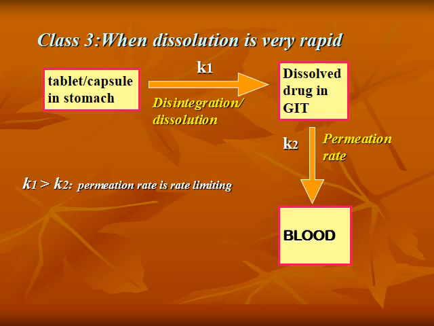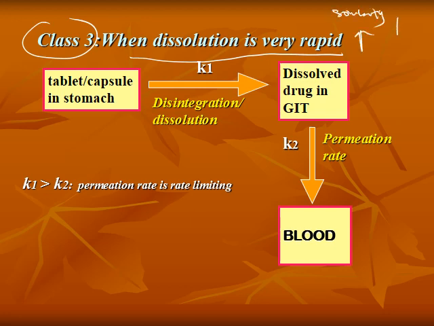That's why they can also apply for bio-waiver. So if you look at this slide, when we talk about class 3, solubility is very high and permeability is low, right? So when you have high solubility, the dissolution is not a problem.